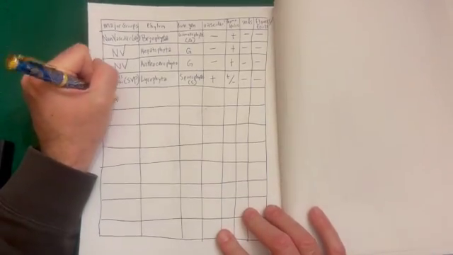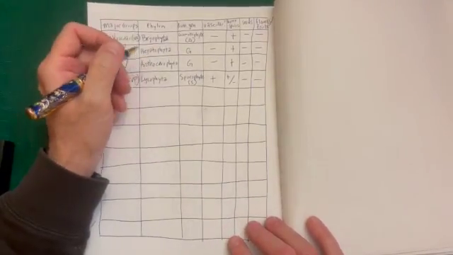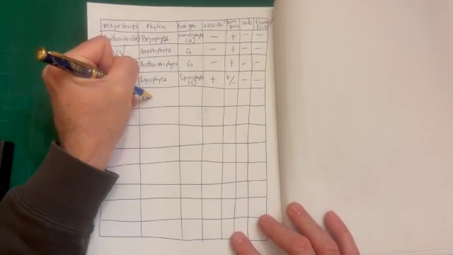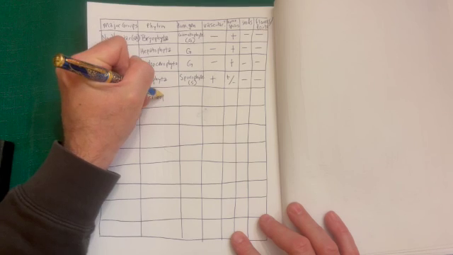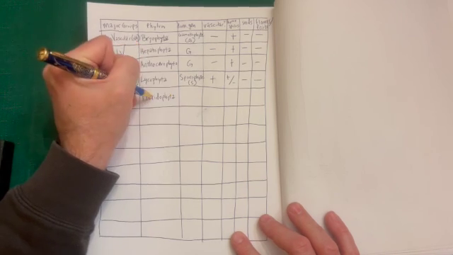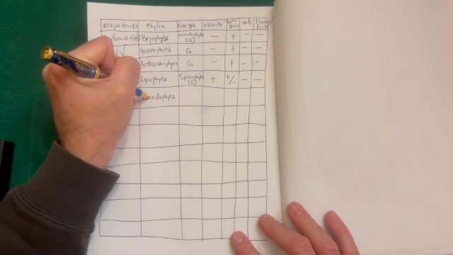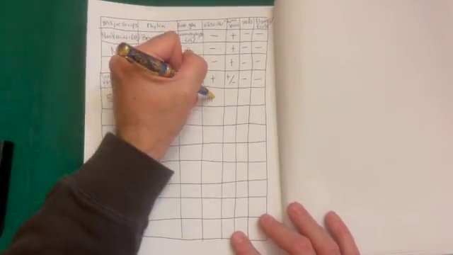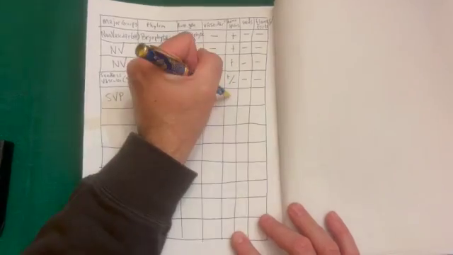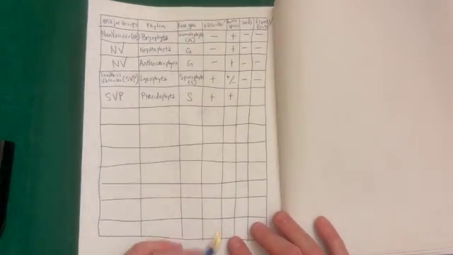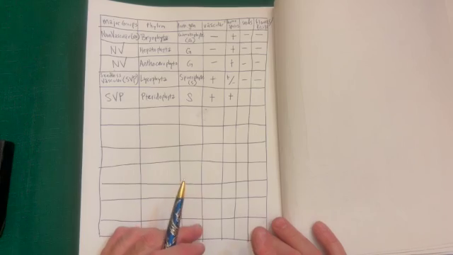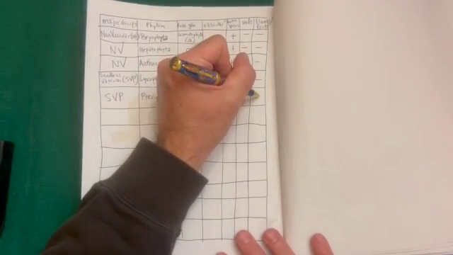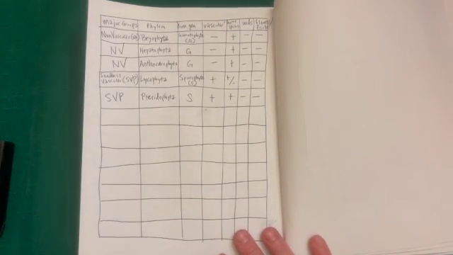Okay, so our next phylum of SVP, we'll go ahead and just put down Pteridophyta, our true ferns. They're going to be sporophyte dominant. They're going to be vascular. These are also homosporous, only one type of spore, as opposed to being heterosporous and having two types of spores. No seeds, no flowers or fruits.